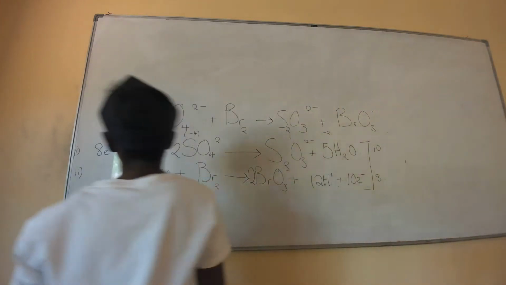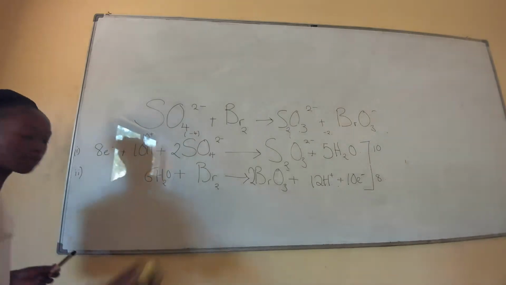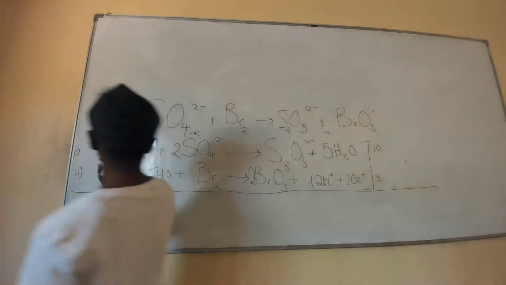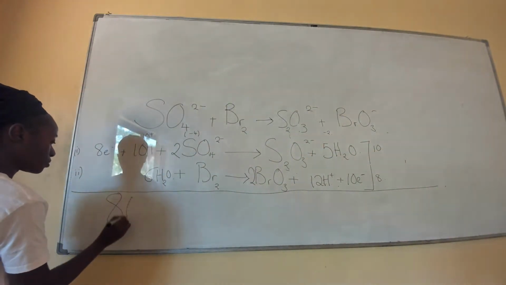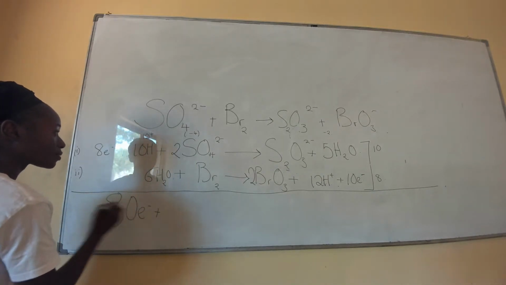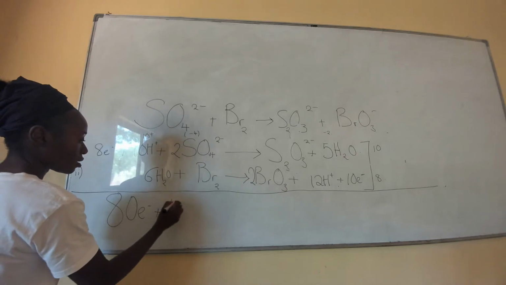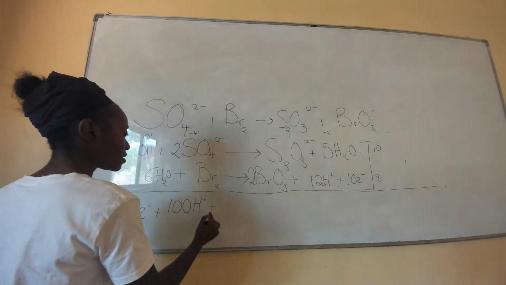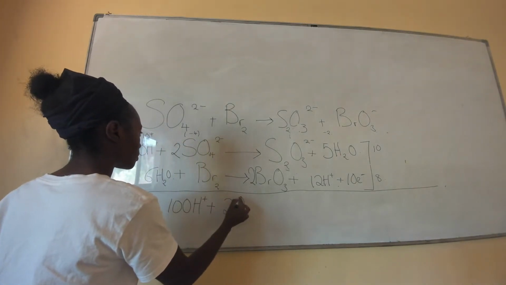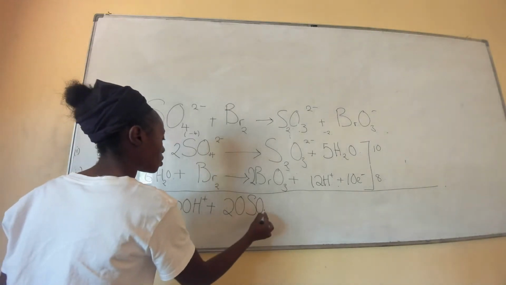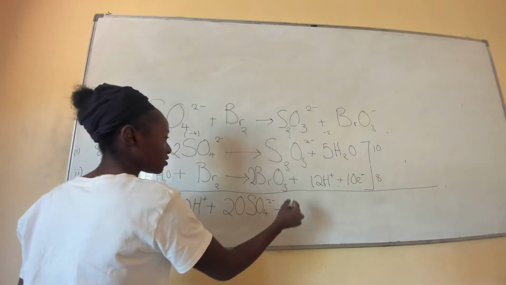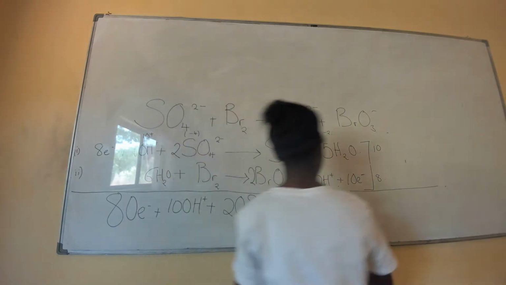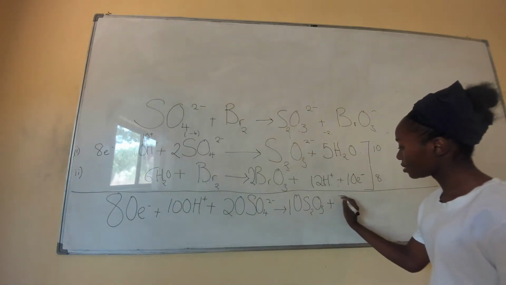Okay, so if we multiply this, the equation at the bottom becomes 80 plus 100H plus we have the 20 SO4 2 minus to give us 10 S2O3, plus the 10 multiplies that gives us 50.